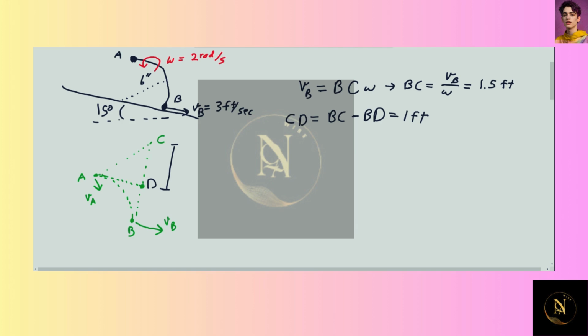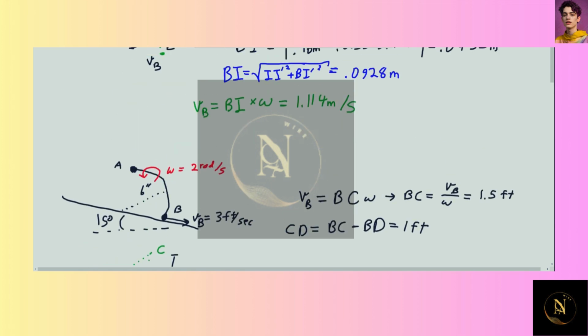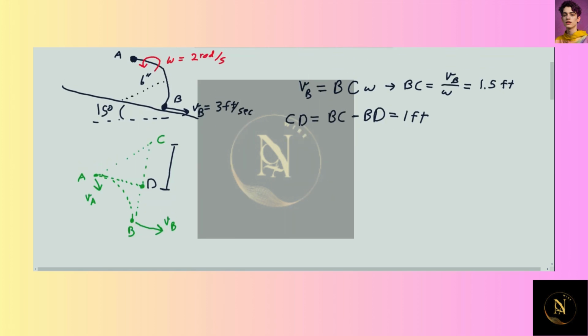Next, we want to calculate the distance between A and C. So this distance right here, we can use the Pythagorean theorem for that. So AC will equal the square root of AD squared plus CD squared.